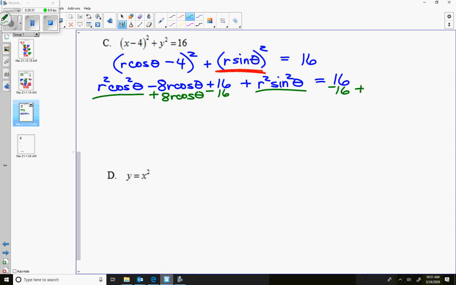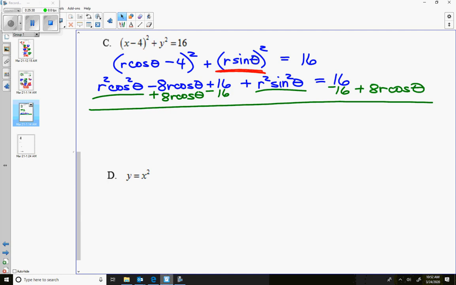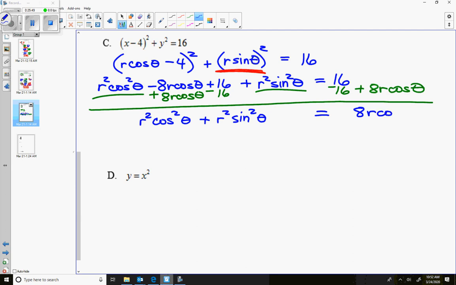So add 8r cosine theta. If we do this, that will leave me with r squared cosine squared theta plus r squared sine squared theta equals 8 r cosine theta.